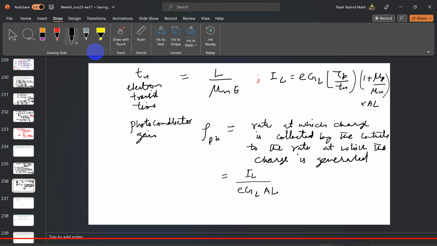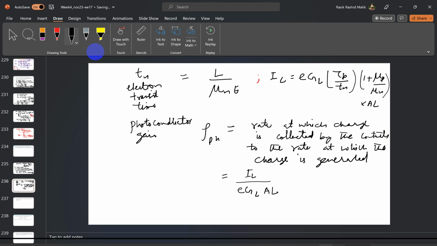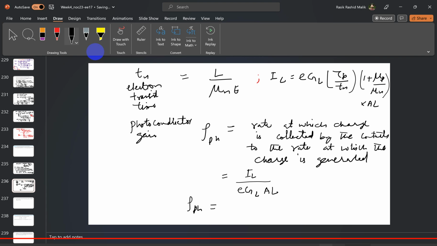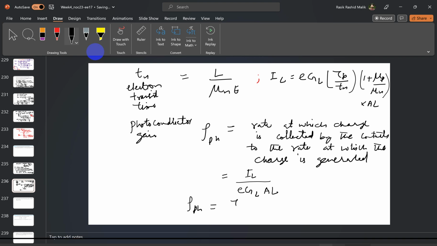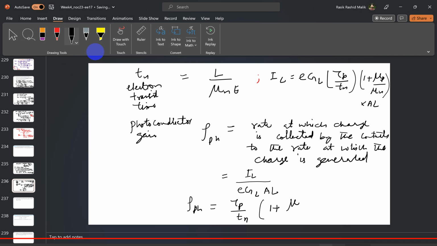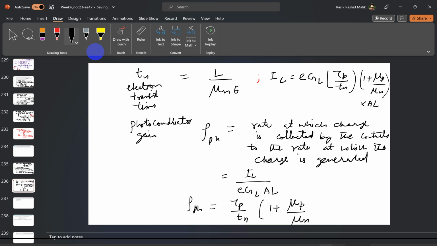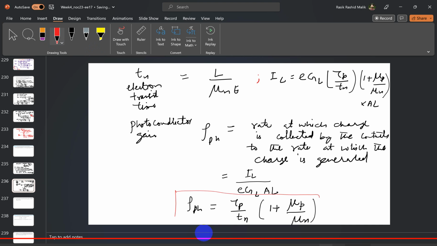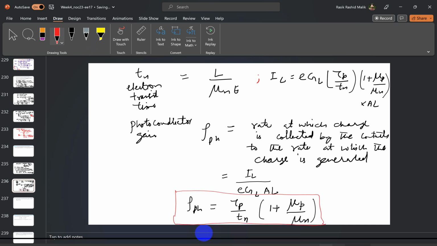So the gain will be simply, if I substitute the expression for IL, the generation rate will be cancelled, A and L will go out, so that is simply tau p by transit time into (1 plus mu p by mu n). So this expression is very important for the photoconductors, which represents the photoconductor gain.